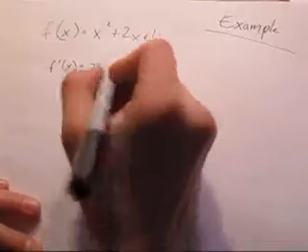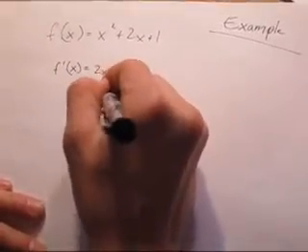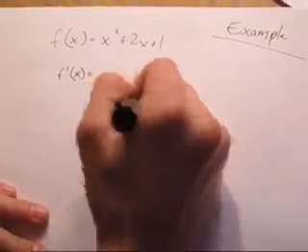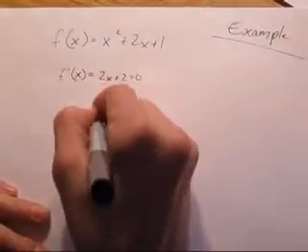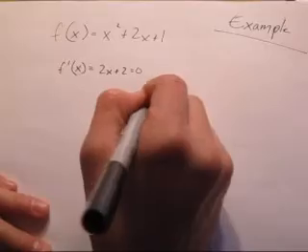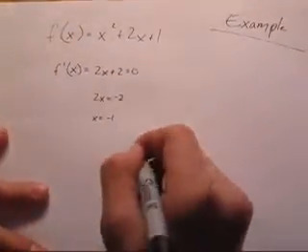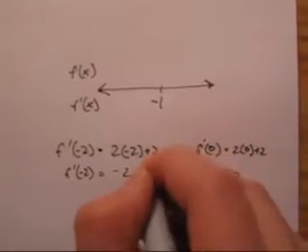So now you're going to set this to 0. Sorry, just skip this step. Okay, so this is your critical point right here. I skipped a couple of steps ahead.